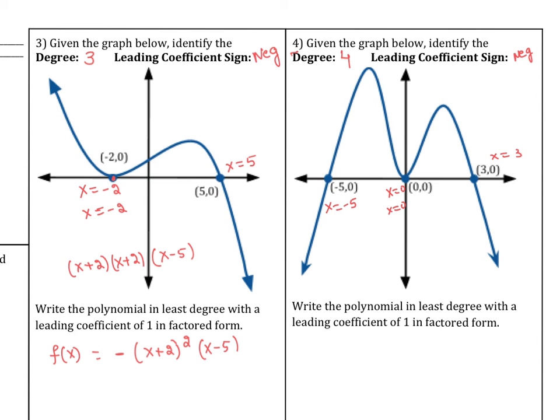So what I have here is a negative leading coefficient, x plus 5, x minus 0, x minus 0, which means x squared, x minus 3. So I'm just rewriting in a better looking form. So your answer is f(x) equals -x squared times x plus 5 times x minus 3.